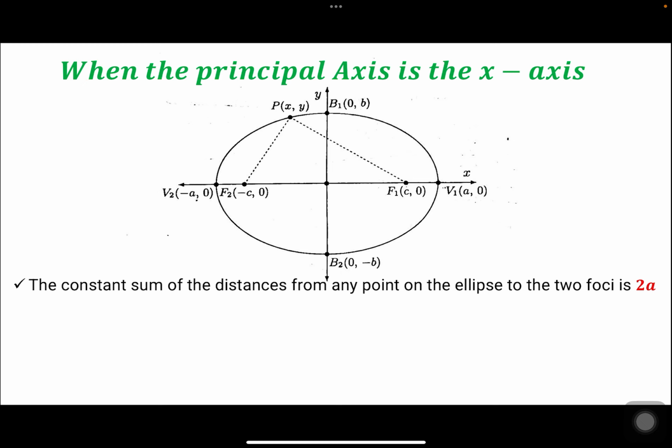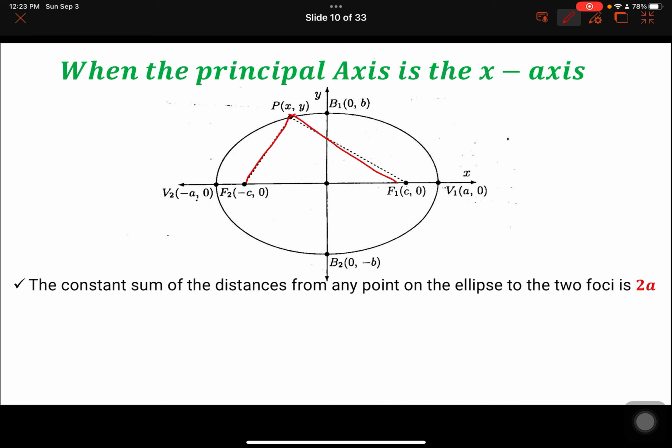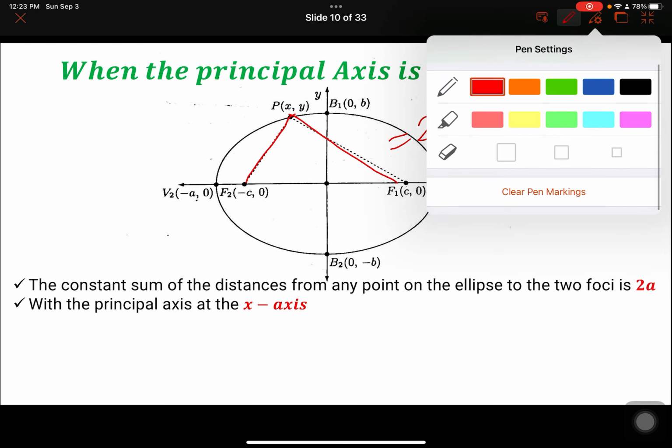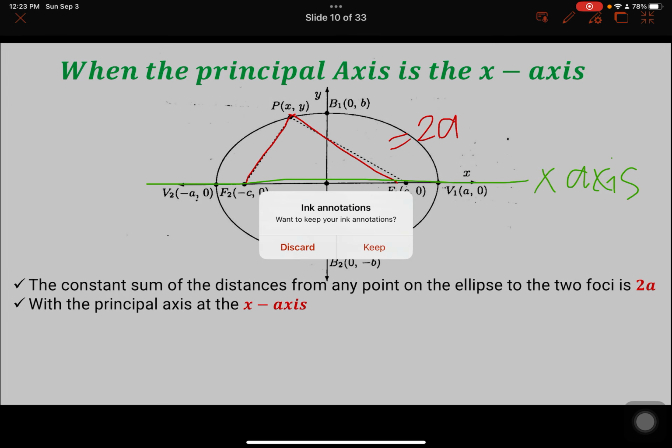So, yung distance na to, at ito ay equal daw po kay 2a. Aside from that, with the principal axis at x, so as you can see, x-axis lang yung pinakagamit natin. Diba? X-axis.